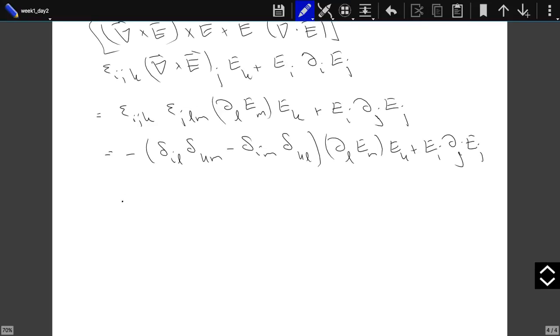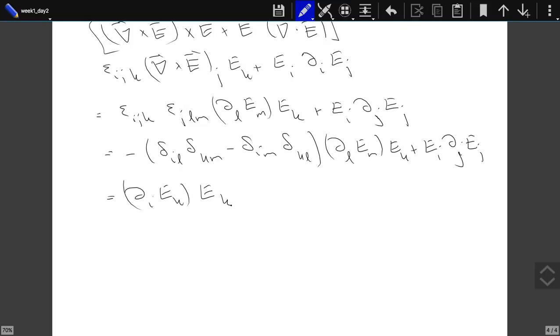Now let's open up. So this is del I E k multiplied with E k. This is my first term because this Kronecker delta tells me that wherever I see an L, I should put an I. L is over here in this term, so it becomes an I, and this tells me that wherever I see an M, I should put a K. So M becomes K, this is E K. Still there is a sum over K, which I'm not writing explicitly.